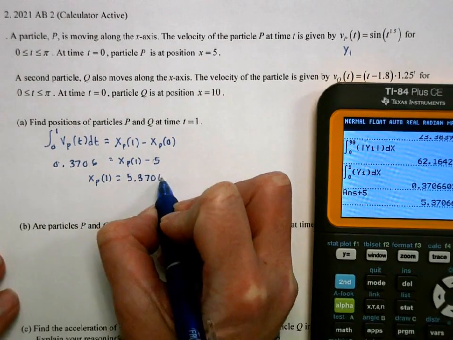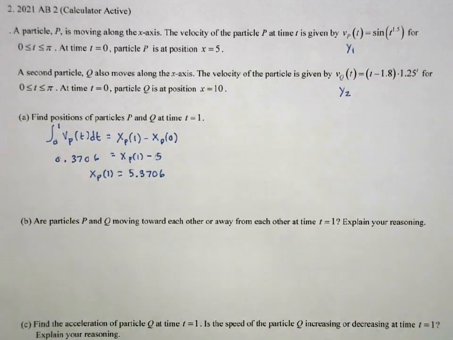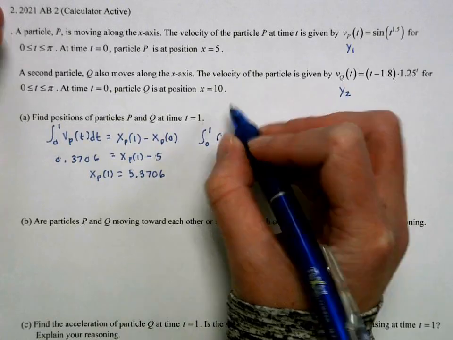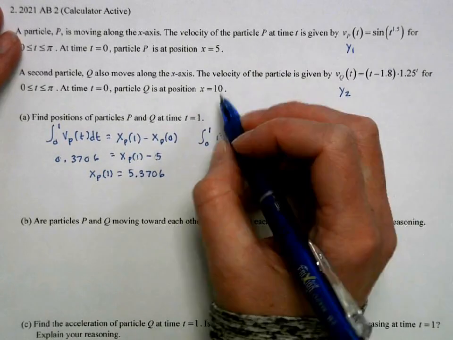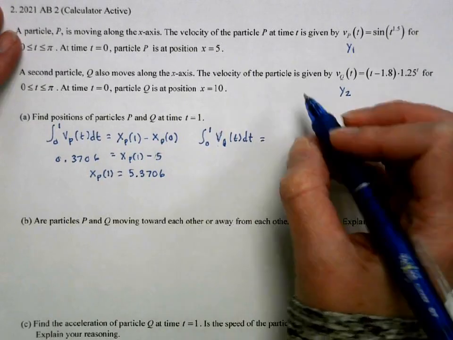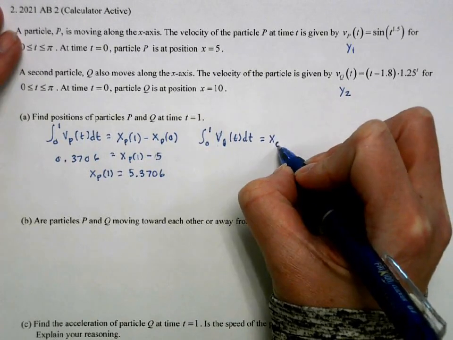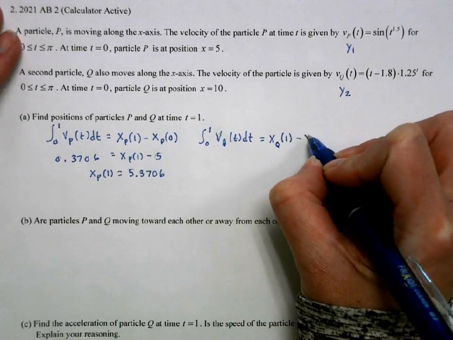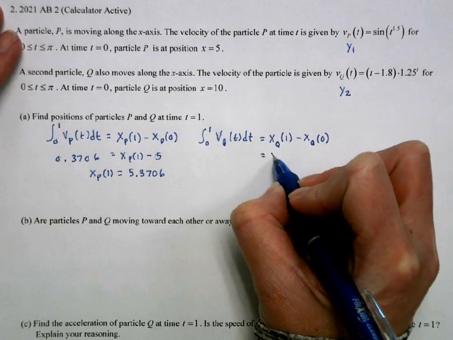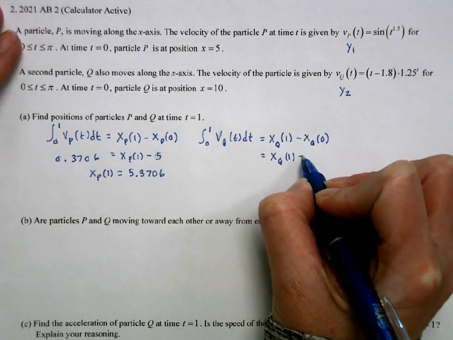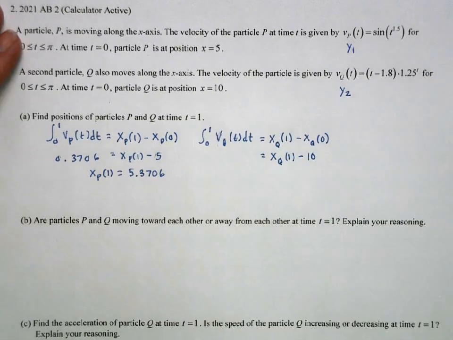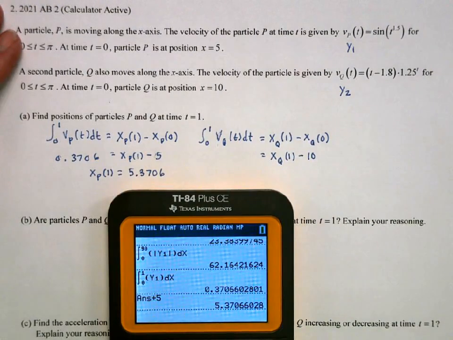Okay, and then we're going to repeat that same thing for q. So the integral from 0 to 1 of vq of t dt is going to be the x position of q at 1 minus the x position of q at 0. Again, this is what I'm solving for, and I know the x position of q is 10 at t equals 0, and we'll get our calculator to do the work for us.